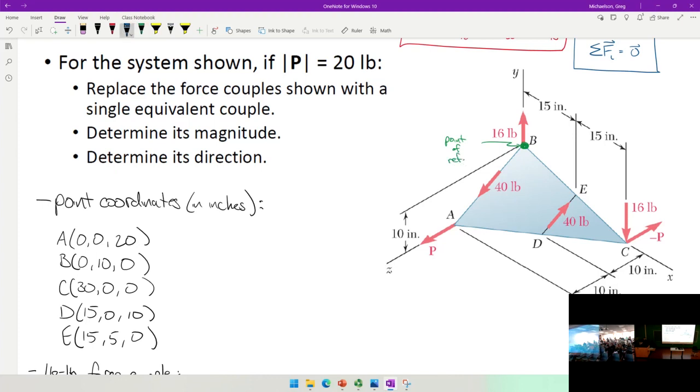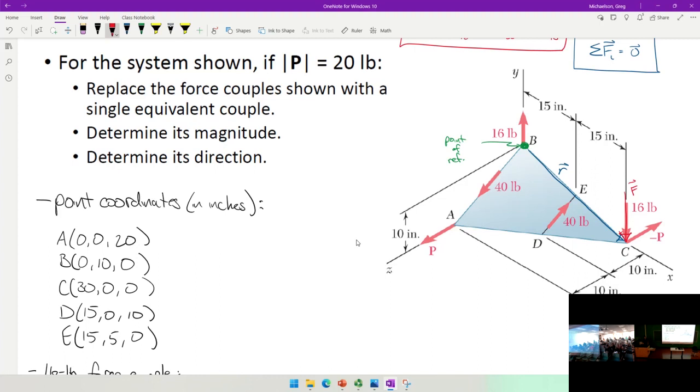So what that means is that this is going to be R, and this is going to be F. Now, I could very easily pick this as my point of reference, and if I did that, then this would be R, and that would be F. It doesn't really matter. You'll get the same answer, and you'll see what I mean here in a second.